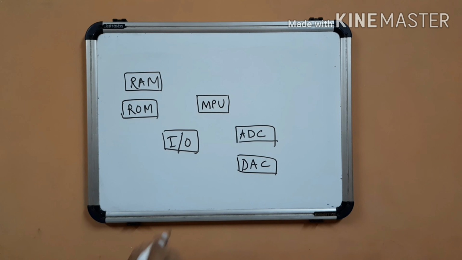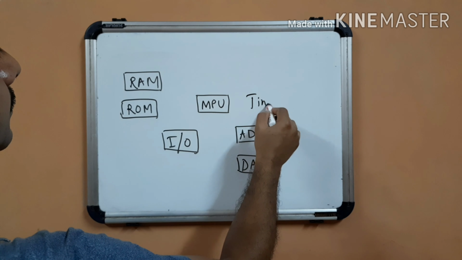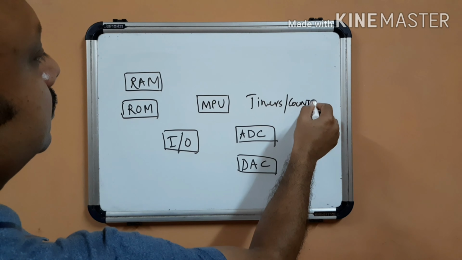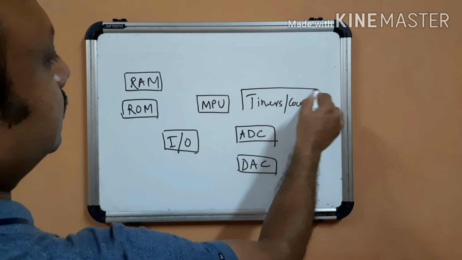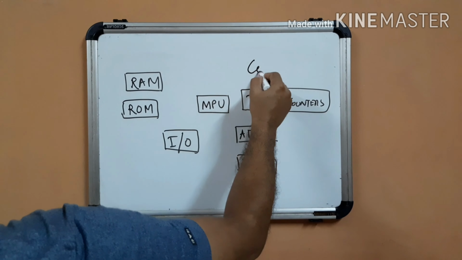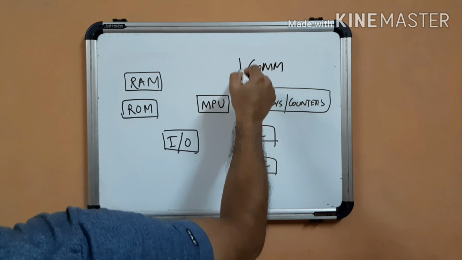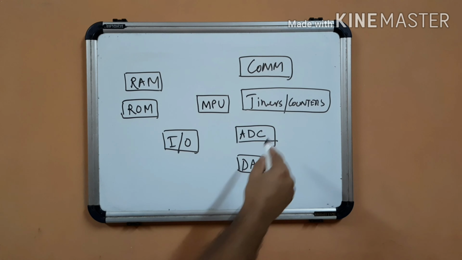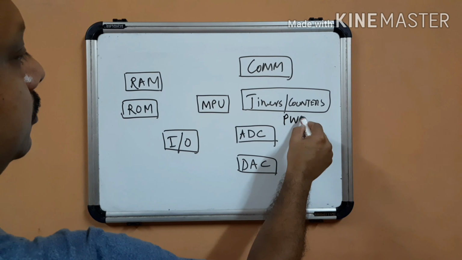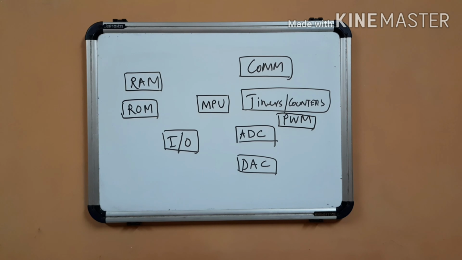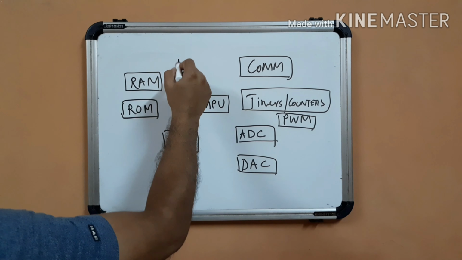We needed some timers or counters. We needed some communication like serial communication. We needed, say, PWM for motor control, etc. And of course there's something called interrupts, which is a very interesting topic.